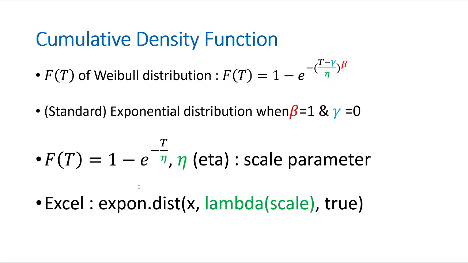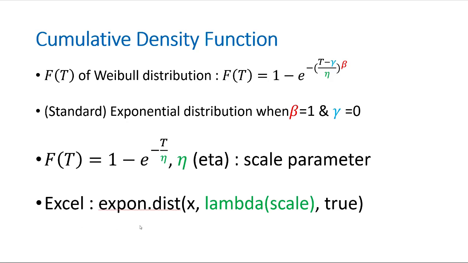So this is the typical expression for the cumulative exponential distribution. We can pronounce it eta. This is a scale parameter. So typically we use 1 over eta equals lambda.